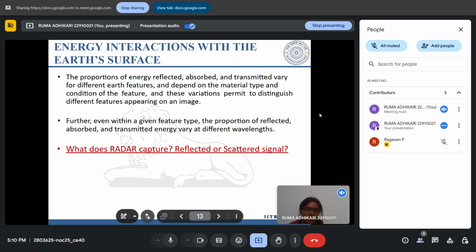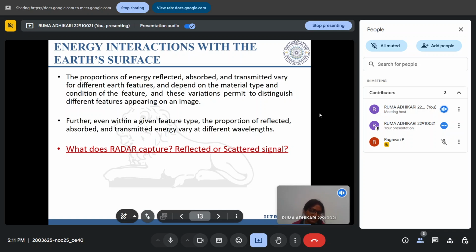So why does scattering come in? The scattered signal also comes under reflected energy. But why are we more interested in scattering, and why in future will we use the term backscatter? Reflection is after all reflected energy.